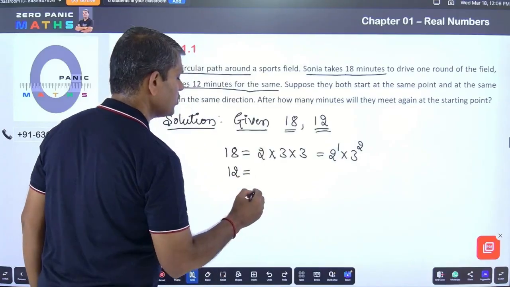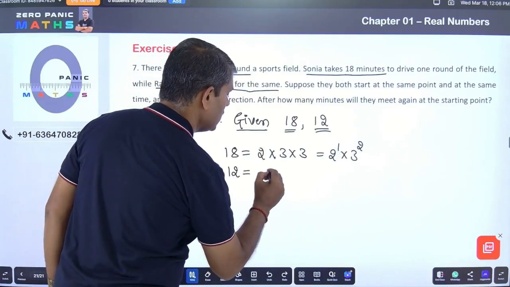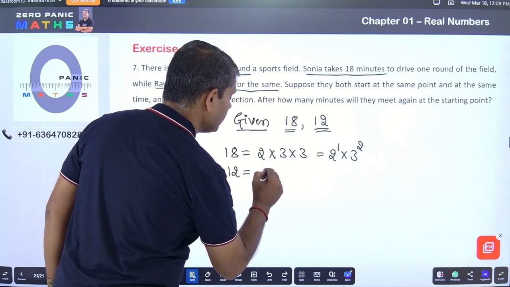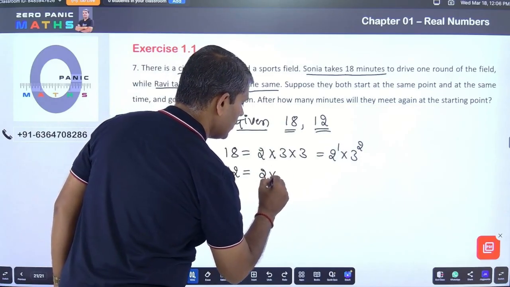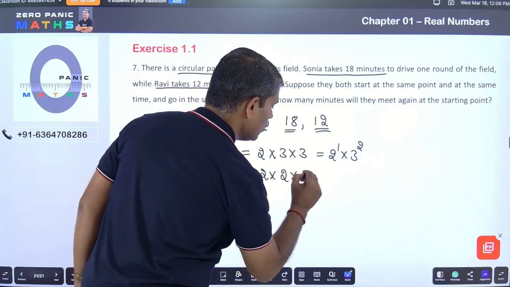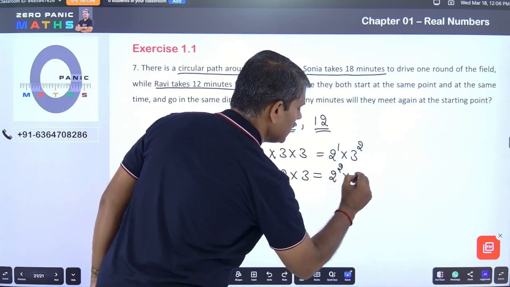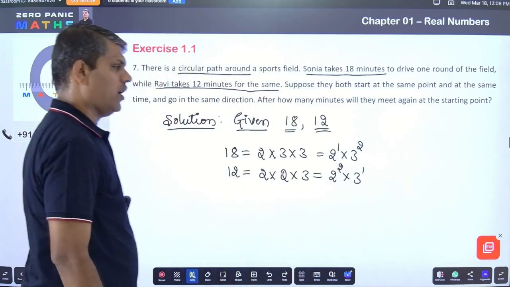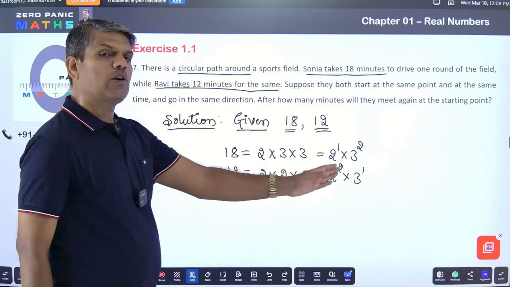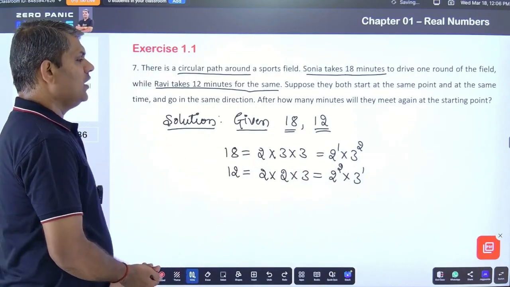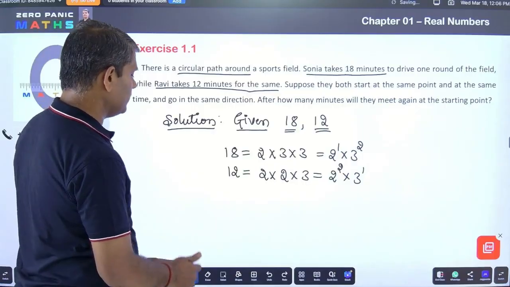How am I writing 12? 4 multiplied by 3. And I'm going to write it as 2 into 2 into 3, which is 2 to the power of 2 and 3 to the power of 1. Both the factors are common here.